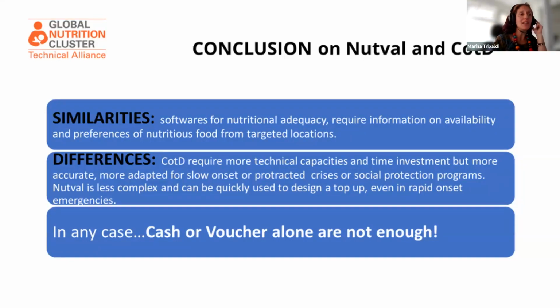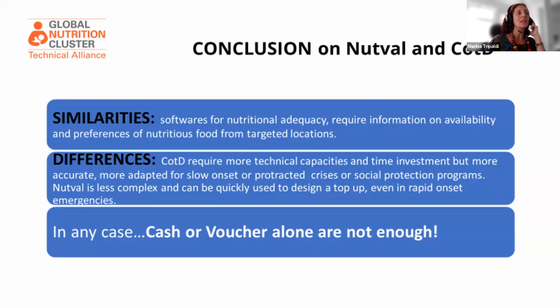There are definitely a lot of considerations on similarities between the NUTVAL and the cost of the diet that I would like you to read in more detail when you receive the PowerPoint slides that Andy presented. But one key point that we wanted to highlight: those are softwares. Those are tools that you can use to improve the nutritional adequacy of your transfer value.